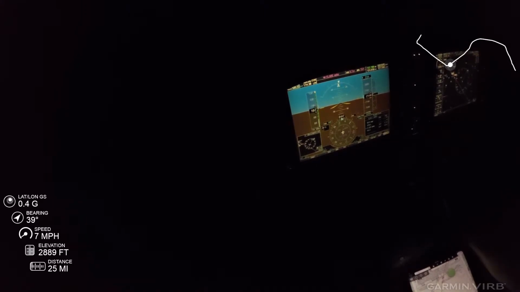Traffic, please advise. County Airport, 476 Romeo is 7 to the south, inbound landing for runway 16. Traffic advisory, please, Carroll County.